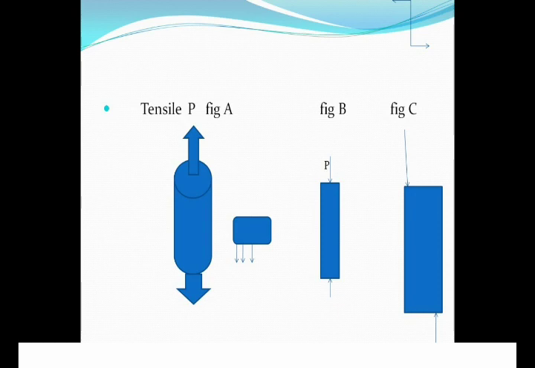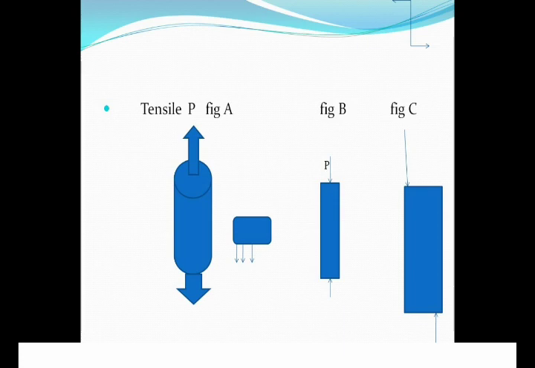Now, what is the effect of this? You will see that there will be a movement. If you consider the element, it will try to twist or it will try to shear. So this represents the shearing force. Now, based on this, we can say that there will be a shear stress acting on the element.